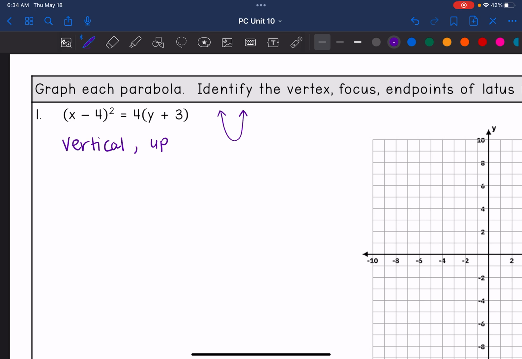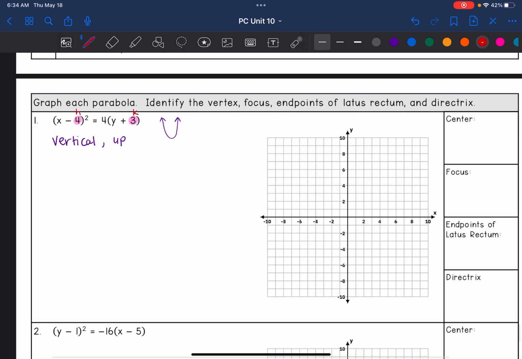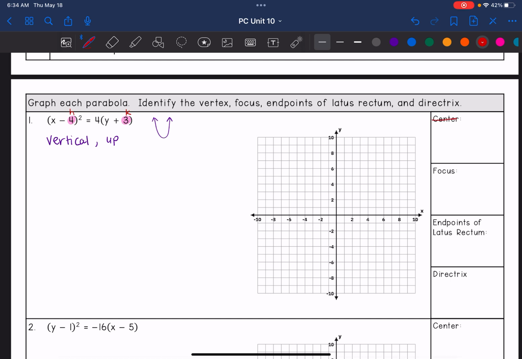Okay, next thing we want to do is identify the vertex. So vertex, you get it from the equation from here. (h, k). h is always with x. So this is h and this is k. So when we put that together, oops, I wrote center. This should have said vertex.